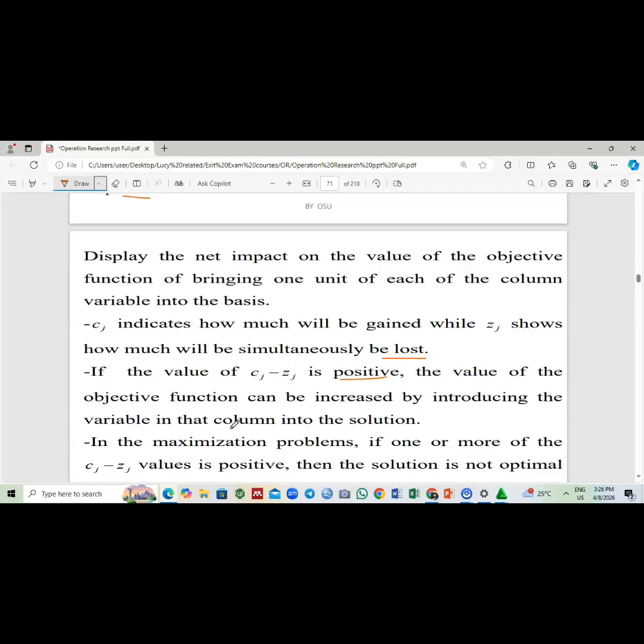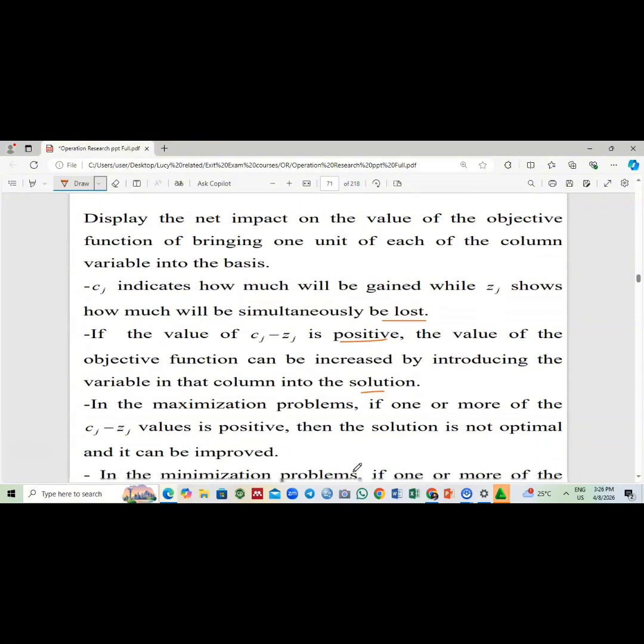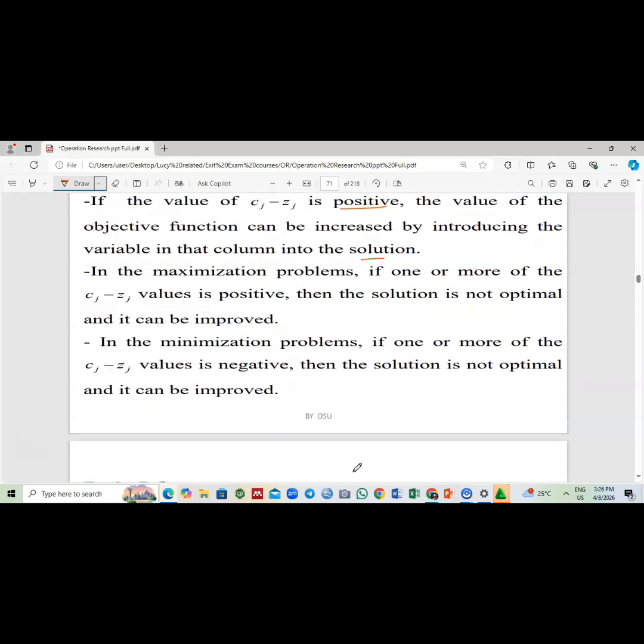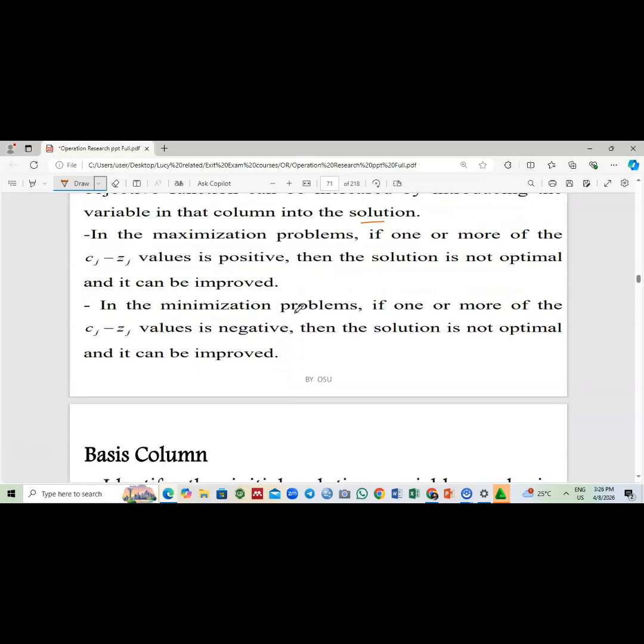In the maximization problem, if one or more of the Cj minus Zj values is positive, then the solution is not optimal and it can be improved. In the minimization problem, if one or more of the Cj minus Zj values is negative, then the solution is not optimal and it can be improved.